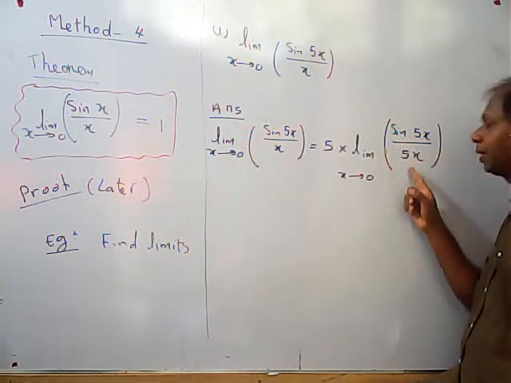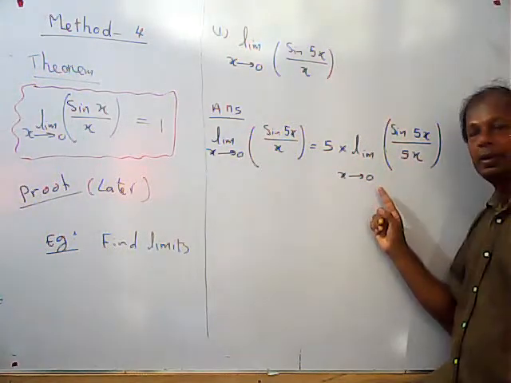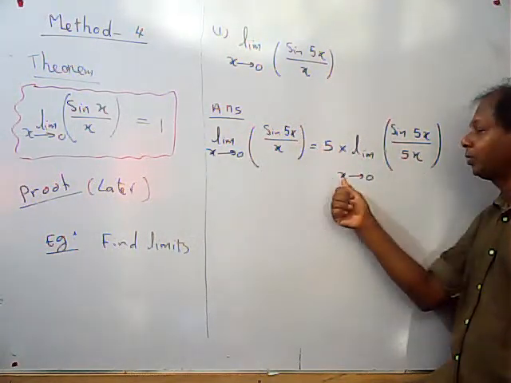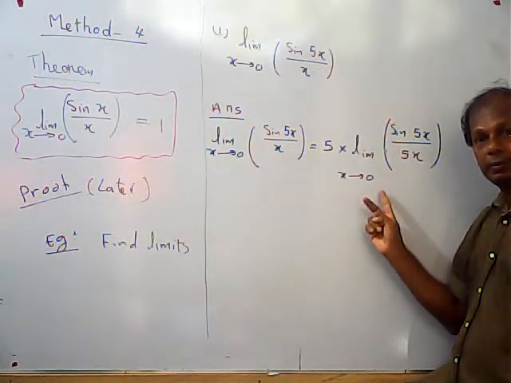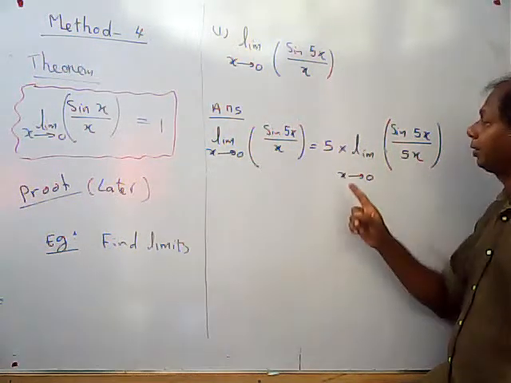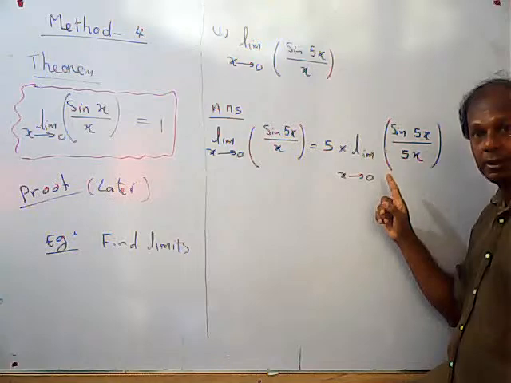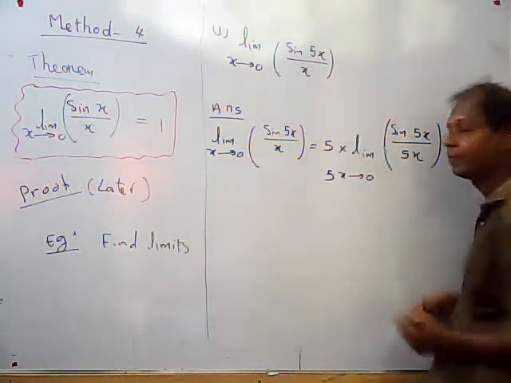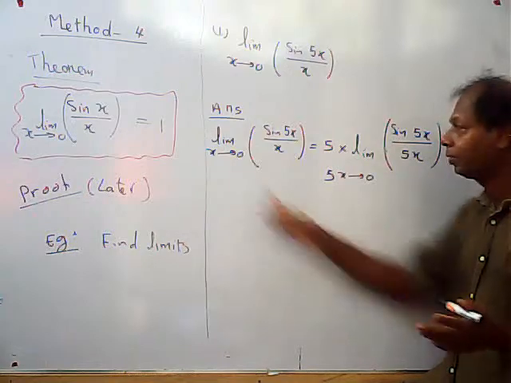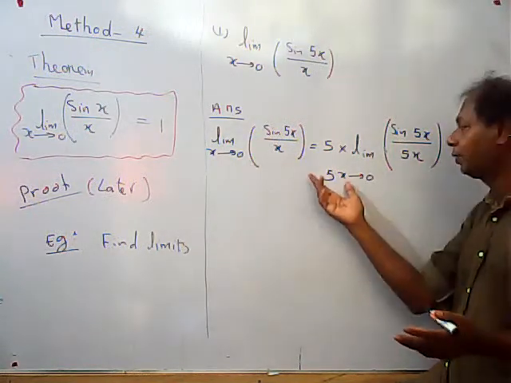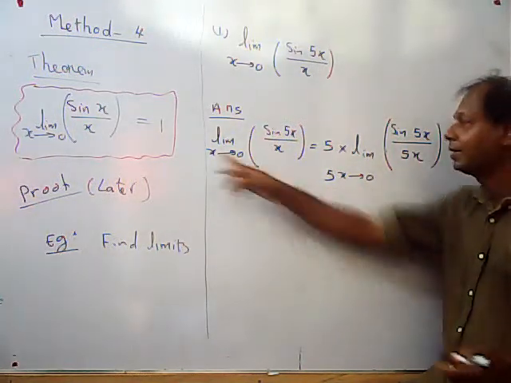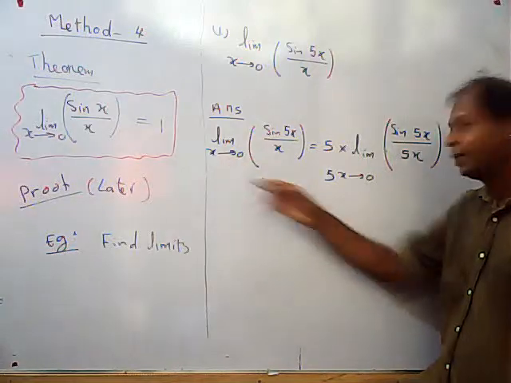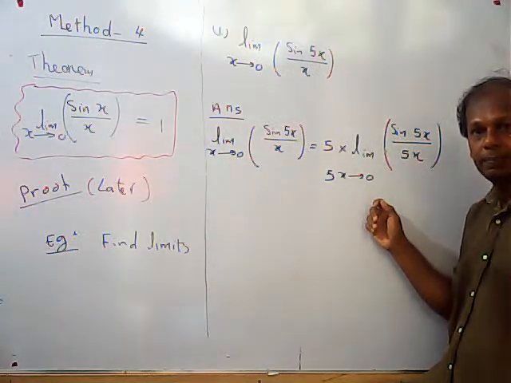Sin 5x over 5x, but according to the theorem, the angle also has to go to 0. If x goes to 0, then 5x will also go to 0. So we can change this to 5x goes to 0. No harm.